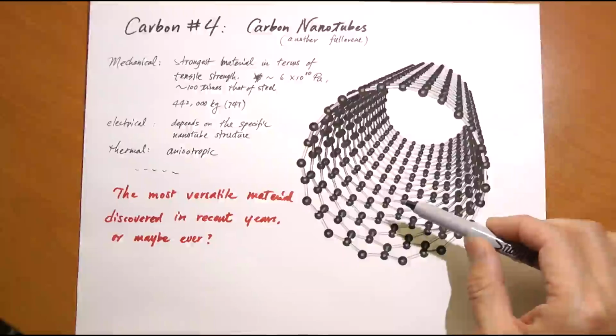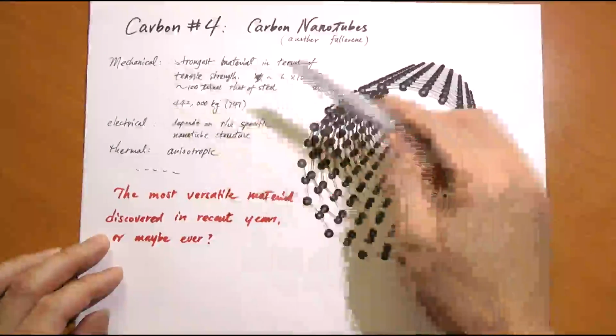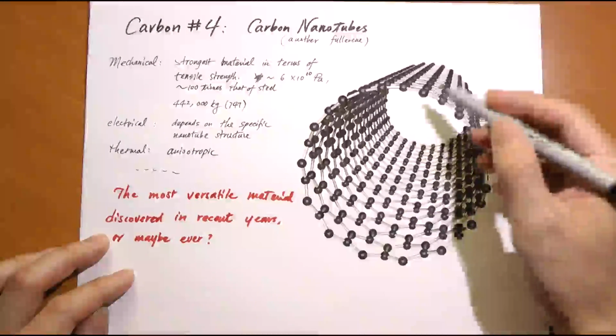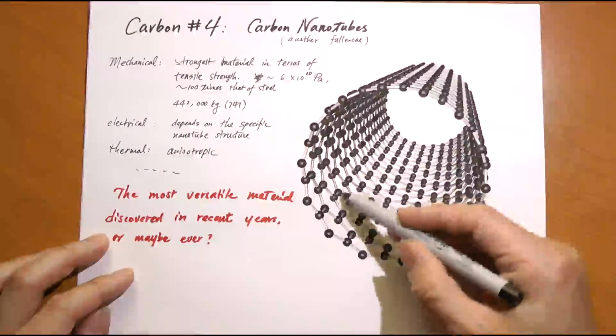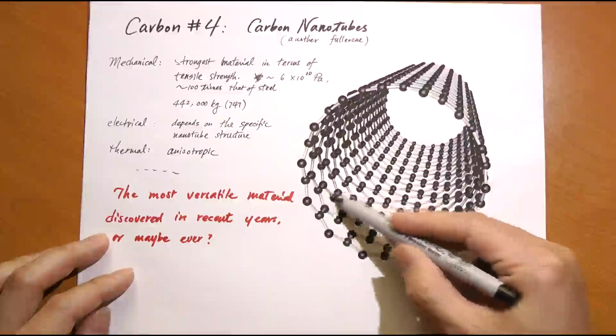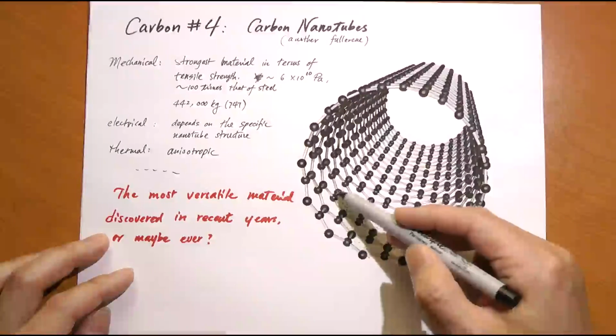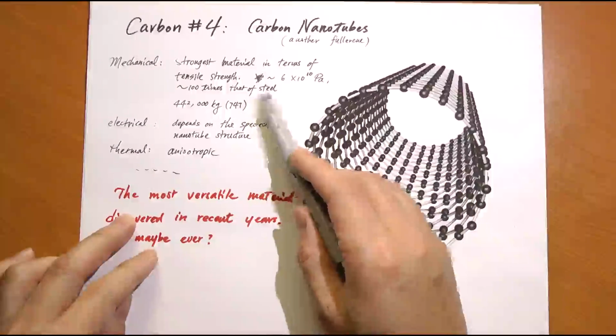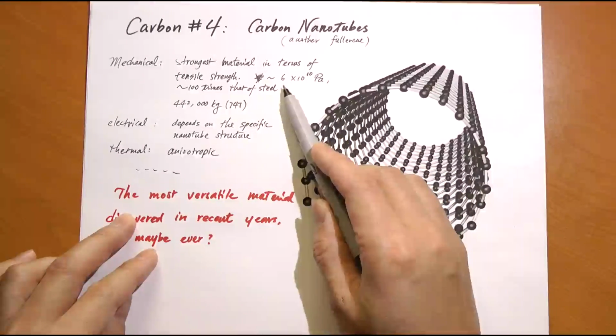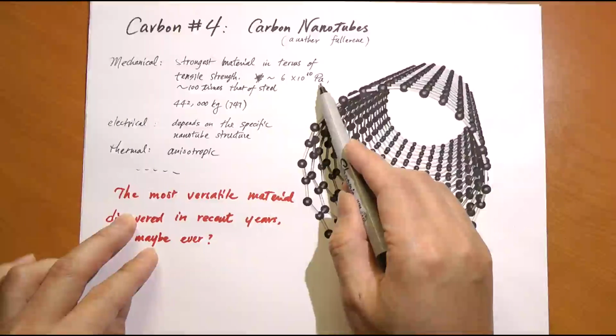Why do I say that? Well, look at the mechanical properties. The carbon nanotube, along the direction of the tube, is an extremely strong material due to the tight bonding between the neighboring carbons. So strong that it's got a tensile strength of about 60 gigapascal.